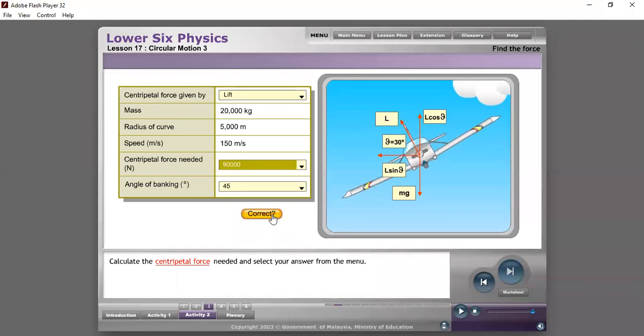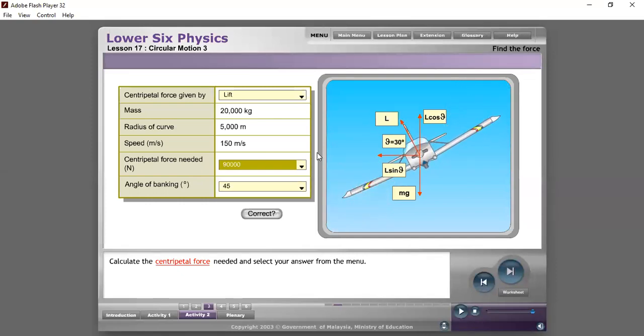It should be mv squared over r. We need to find out the angle. Understand? So this one, we use mv squared over r, and we get 90,000, the centripetal force needed. So that means it will be equal to mg sin delta.